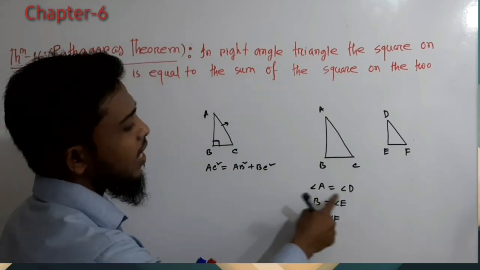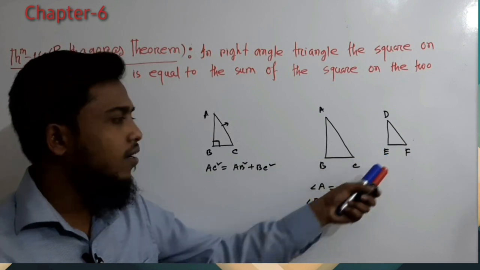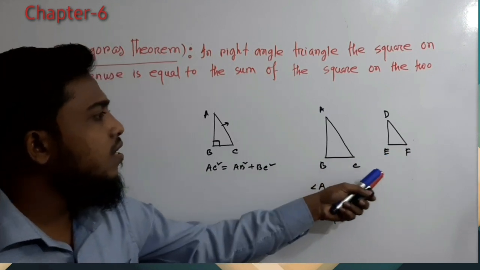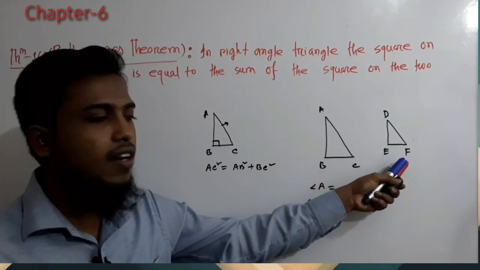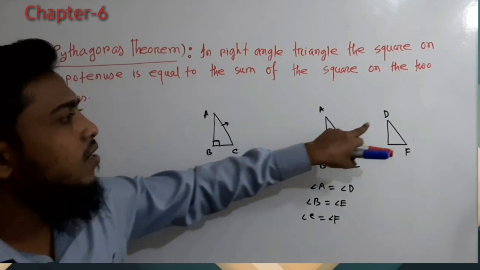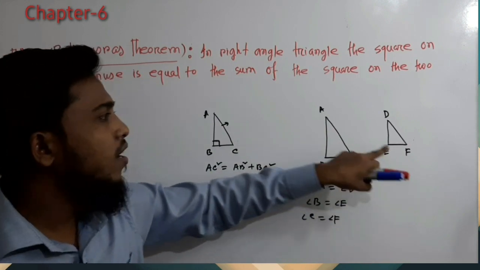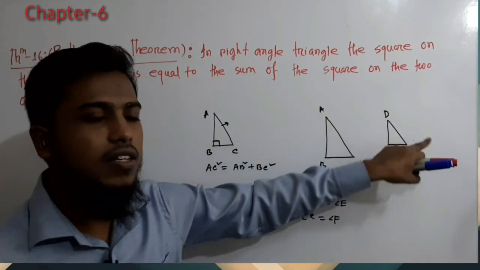If angle A is equal to angle D, angle B is equal to angle E, and angle C is equal to angle F, then the ratios of the corresponding sides are equal.